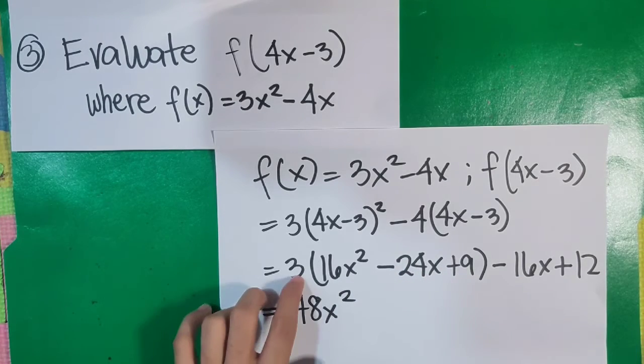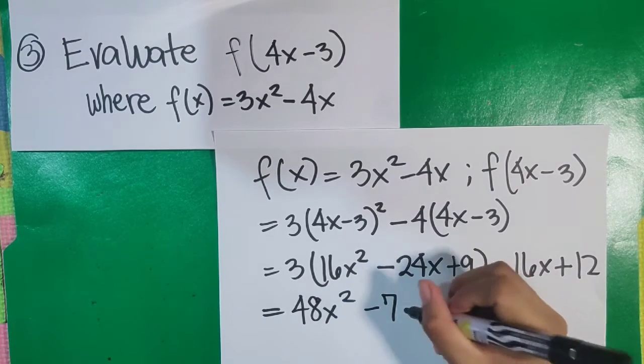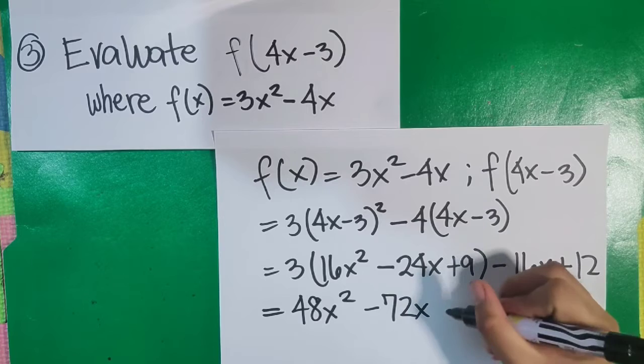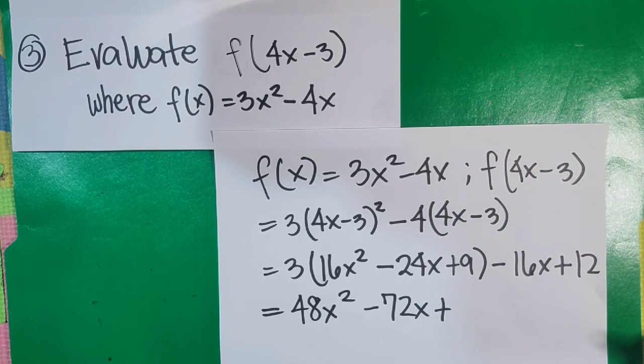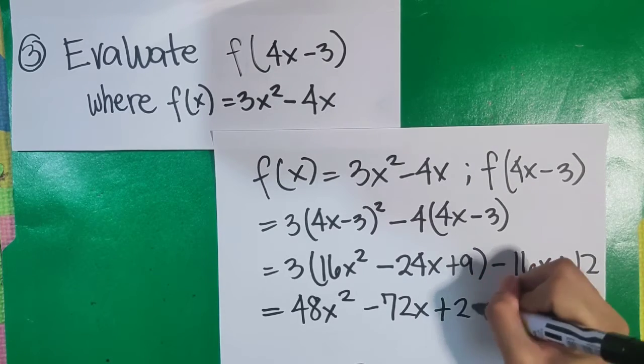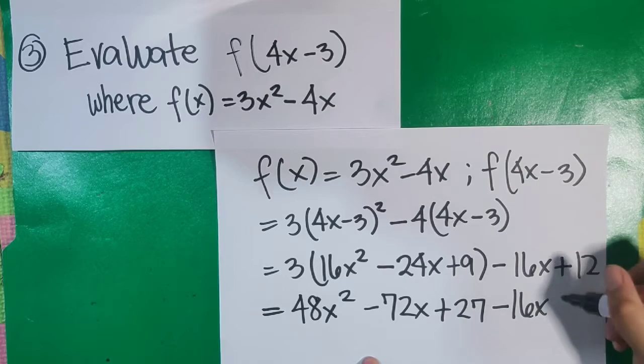Next is 3 times negative 24x, so we get 72x plus 9 times 3. So we get 27. Then copy the rest of the expression.